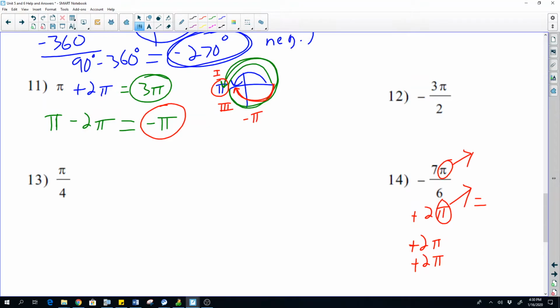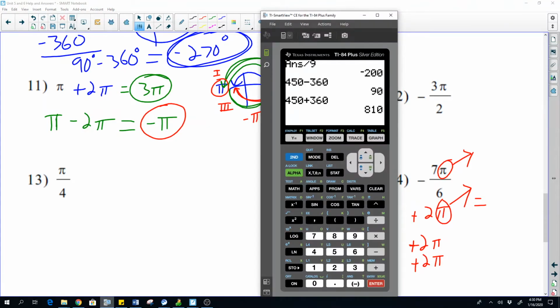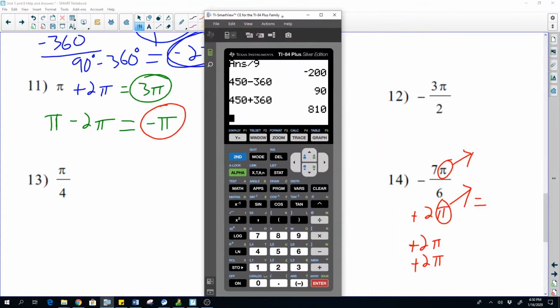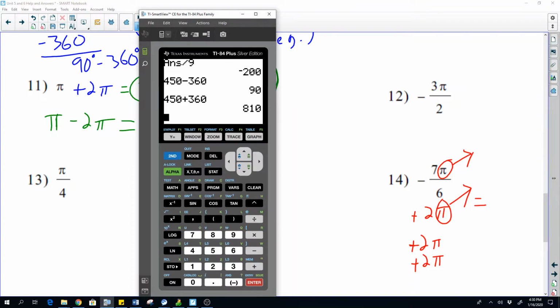Okay, so to find another angle similar to 7 pi over 6 that hits in the same spot, you can change it to a degree and find it and then change it back to a radian if you want to. I'll show you that too. So we're going to go ahead and take negative 7 divided by 6, and we're going to add 2 pi, or just add 2, and stick the pi back on.